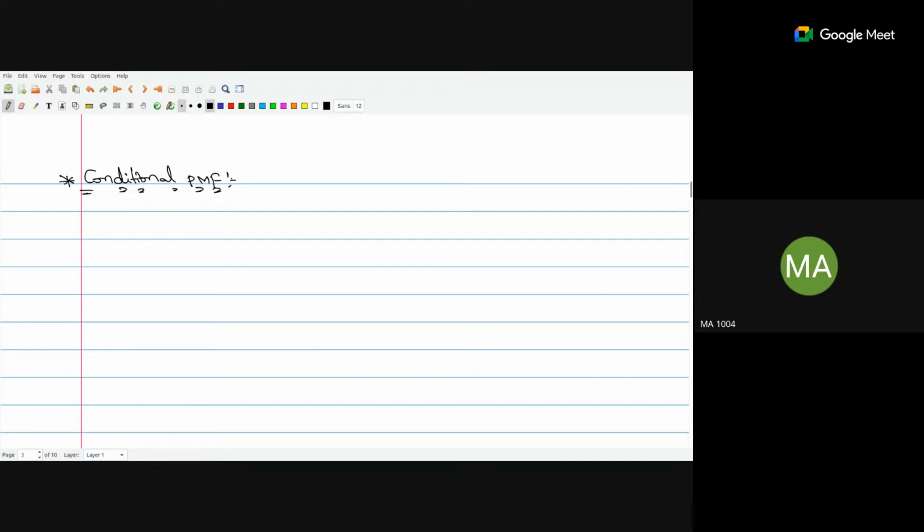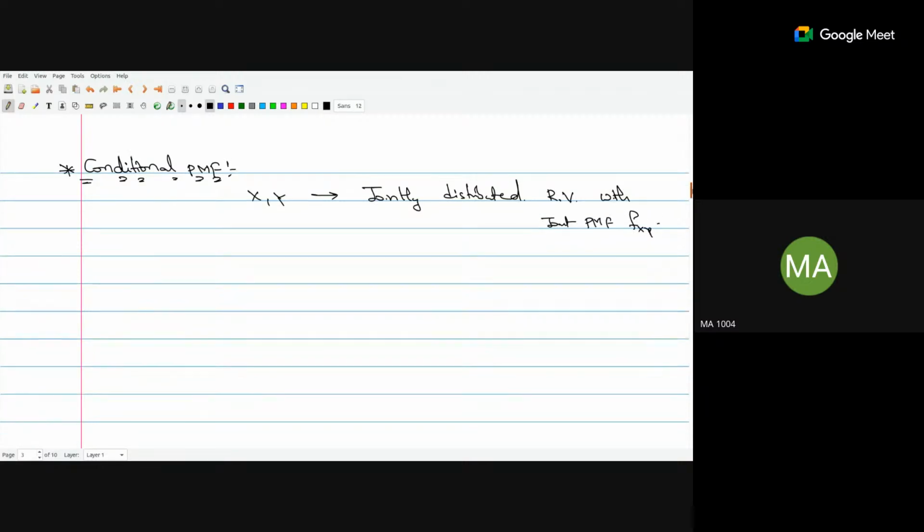I will be given that x and y are jointly distributed random variables with the joint PMF.